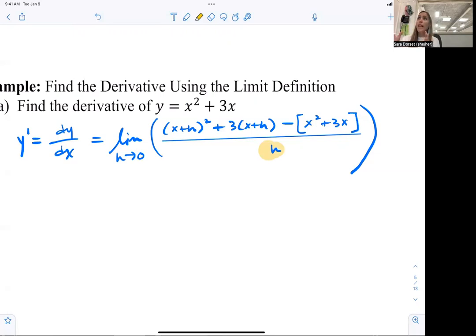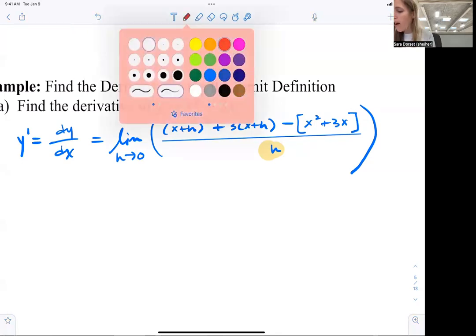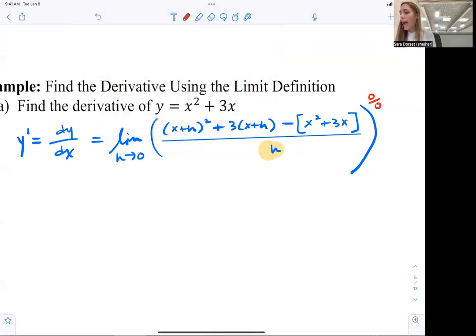Now, looking at this, we're taking a limit. What would happen if you use direct substitution and plug 0 in for h? What would happen? Indeterminate form, you would run into 0 over 0. And guess what? Anytime you're using the limit definition of the derivative, that's going to happen. There's going to be algebra that you have to do.